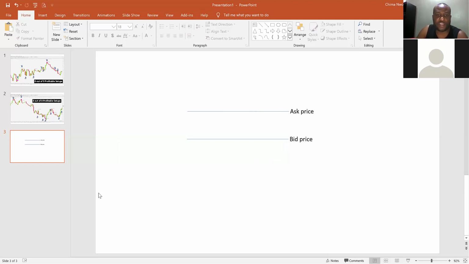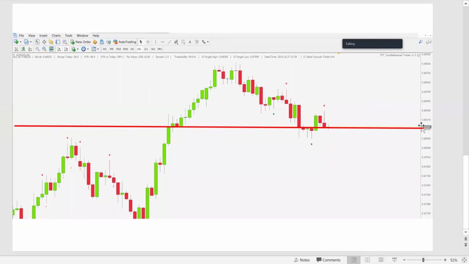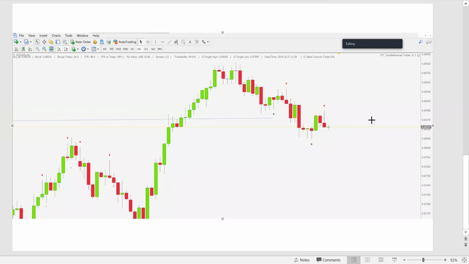On your chart, for instance, let me do a screen dump. The line you're seeing here is just one line, but that line is the bid line. What is not being shown is another line that should represent the ask price.